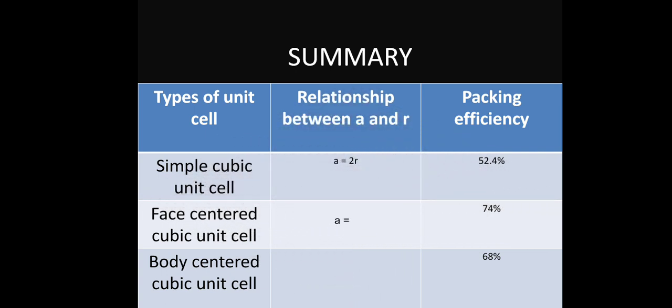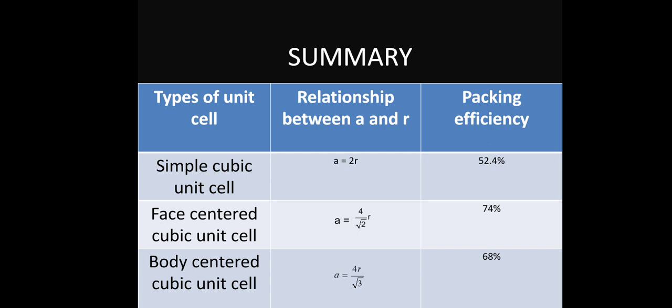So if we try to summarize this, what we calculated in our previous video for a simple cubic unit cell is A equal to twice R. These relationships are very important from your board exam point of view, or even for your entrance examination point of view.